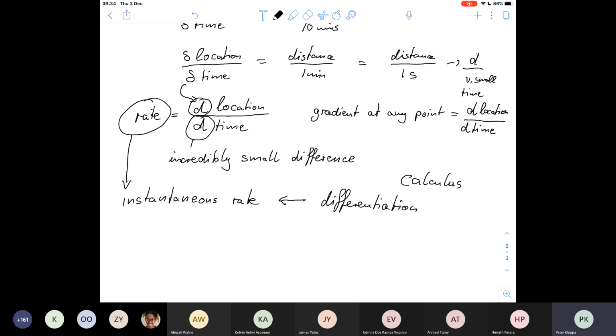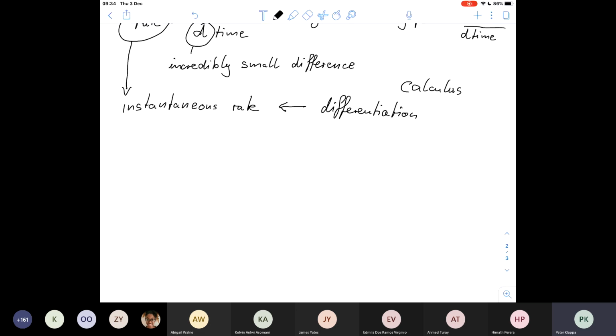Now, let's go back to our reaction because we need to define a few things. So let's say we have a reaction where we use a substrate A. Obviously, we use this compound A. It is consumed in this reaction.